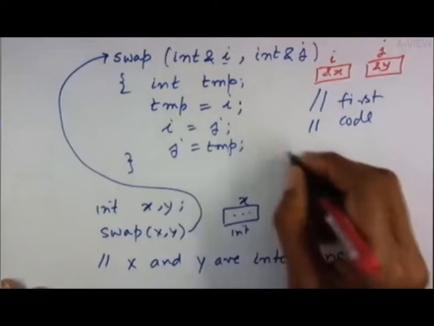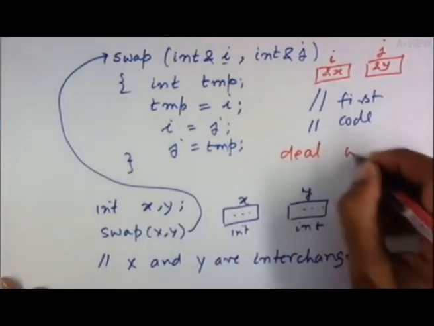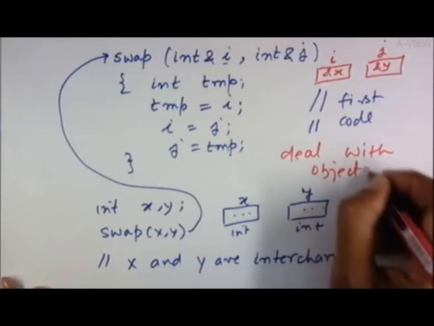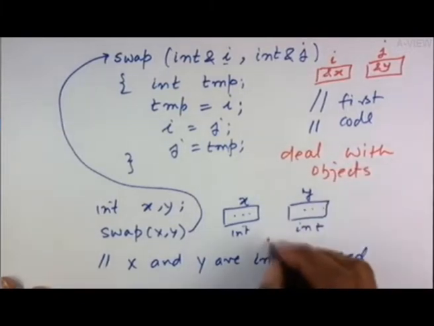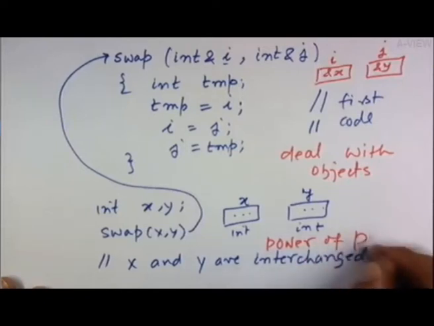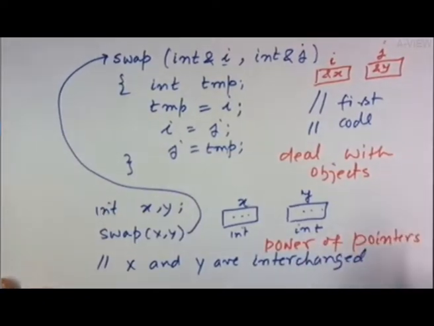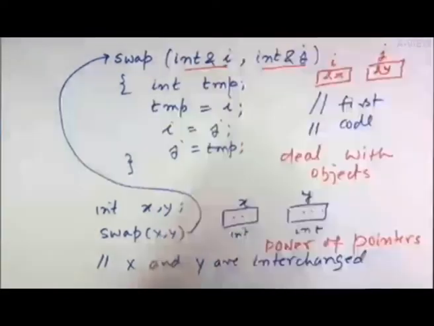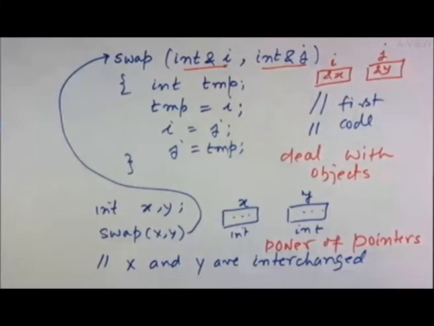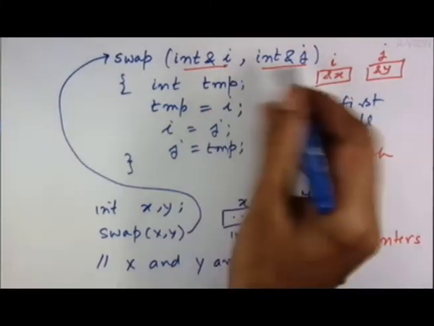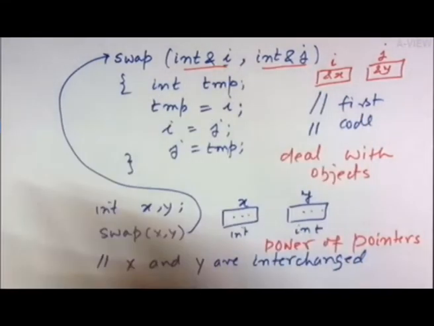So we deal with objects and yet have the power of pointers. This is what reference type is all about. All my applications of reference type in C++ are only in such things where I can pass arguments through pointers, and the only difference is that the changes to I and j, the arguments, will be visible outside the function.